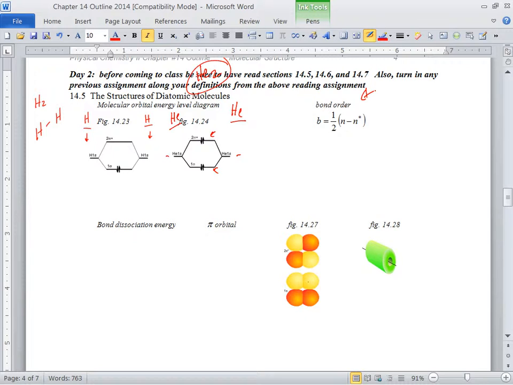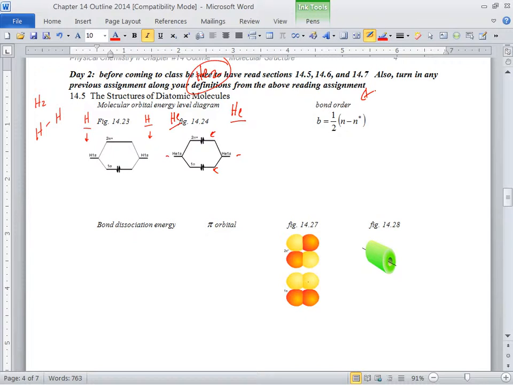To me, it sounds like a bigger bond order means more bond, more interaction, a stronger bond, so the bond should be shorter in length. That's how I look at it.